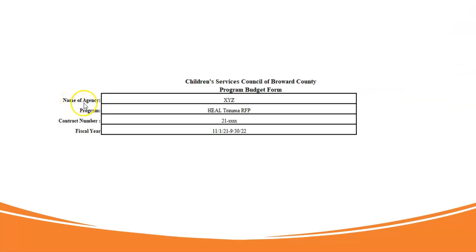Let us begin by reviewing some of the sections of the budget form and how to complete them. First, start with the name of your agency, the name of the program, the contract number, and the period.